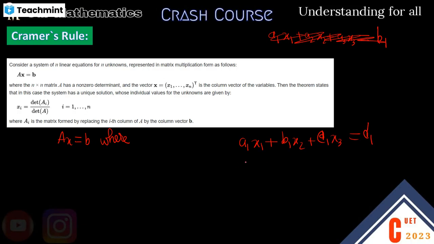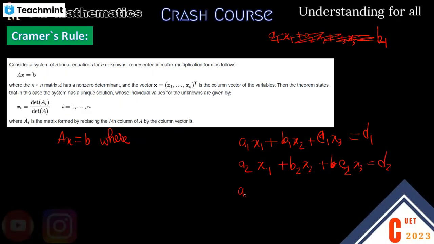Then we have a2 x1 plus b2 x2 plus c2 x3 is equal to d2.